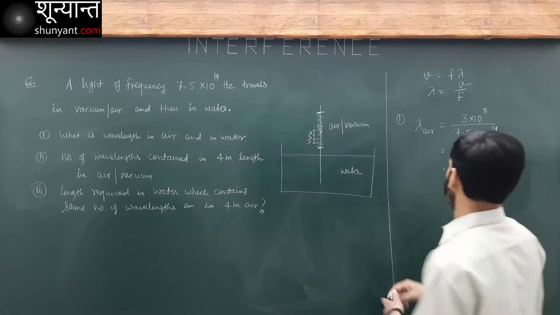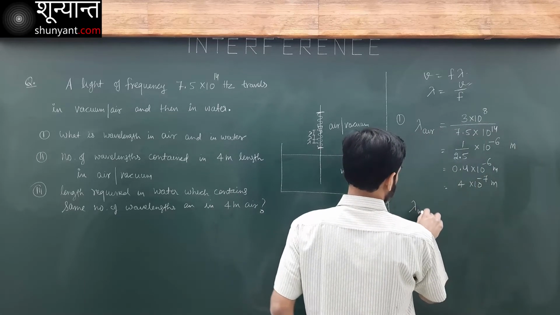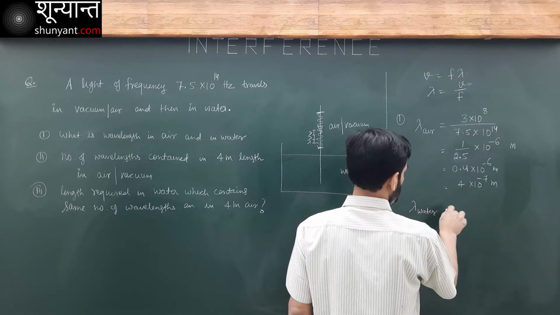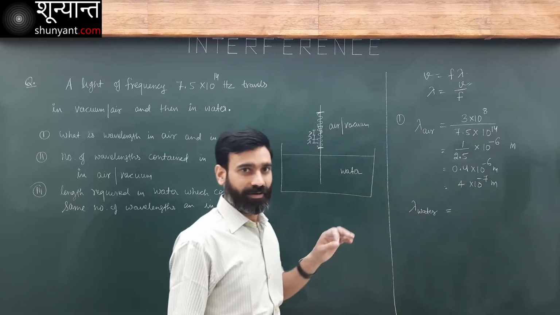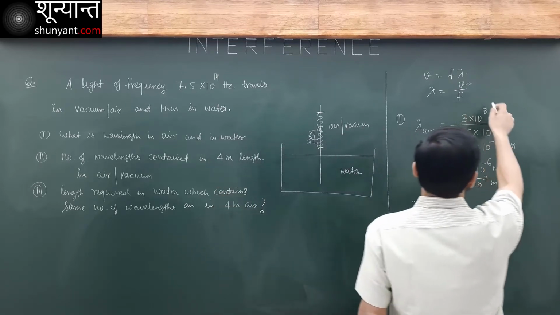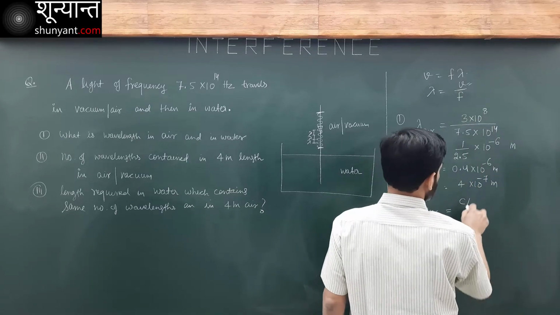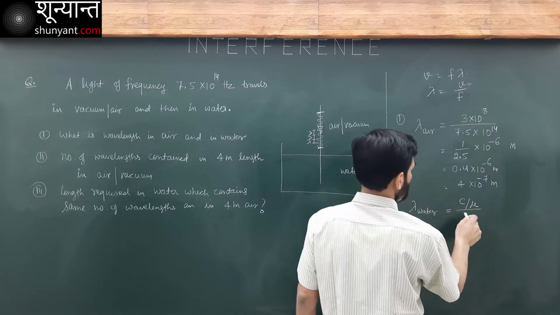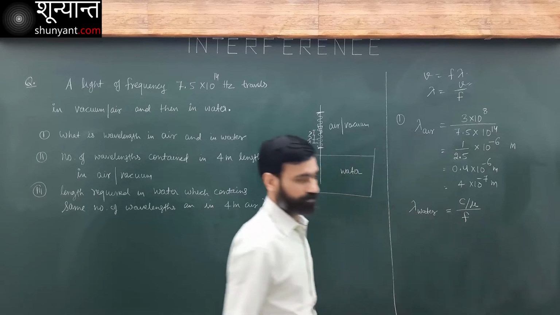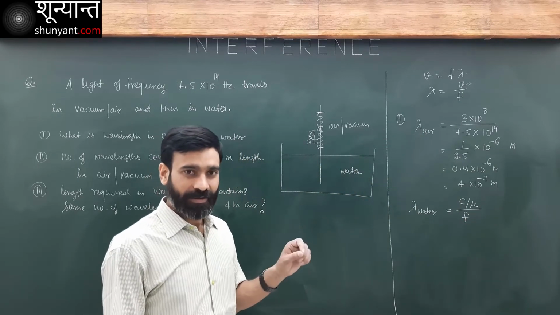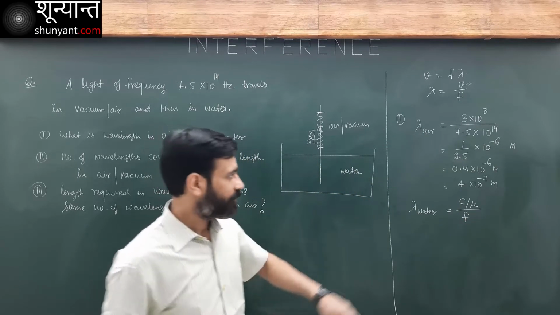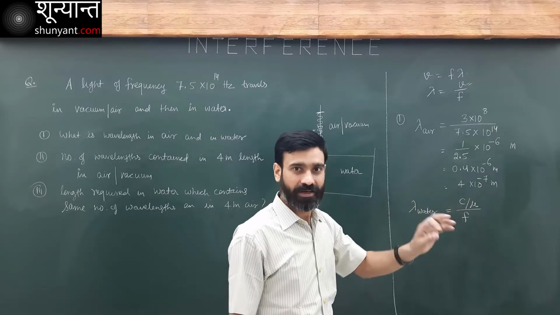What will be the wavelength in water? It will be C over mu divided by frequency. The speed in water is going to be different. It will be C over mu, where mu is the refractive index.